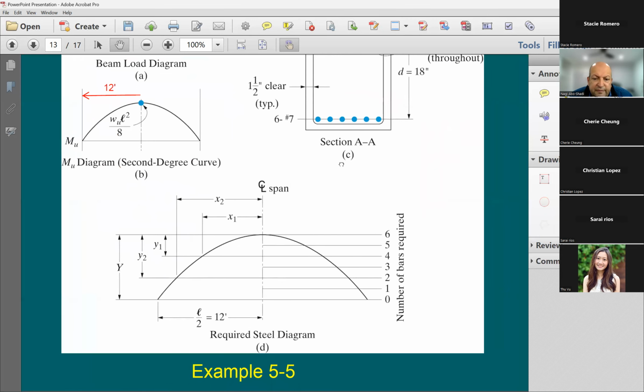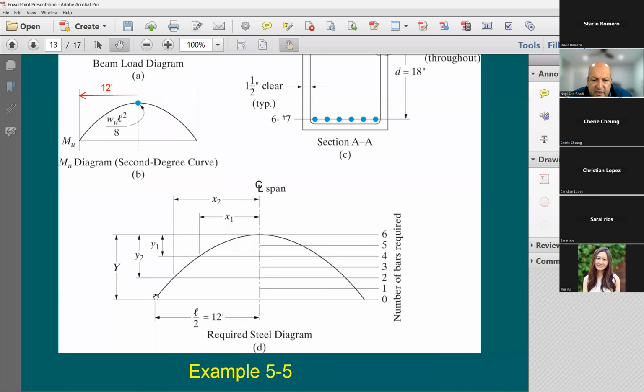Here's the moment diagram. Moment diagram goes this way. Maximum moment happens here. This one here represents the demand, meaning Mu.